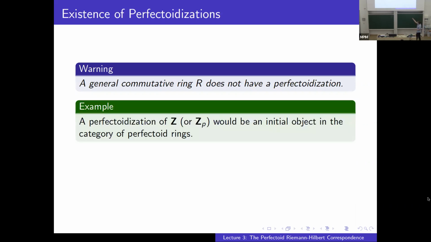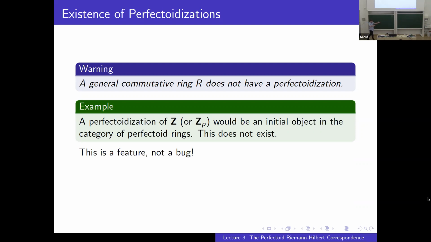So for example, a perfectoidization of the ring of integers or the ring of p-adic integers would be an initial object in the category of perfectoid rings. And the category of perfectoid rings does not have an initial object. But this is actually good, not bad. In the previous lecture, where we were talking about the characteristic p story, I started by saying, let R be an F_p-algebra.